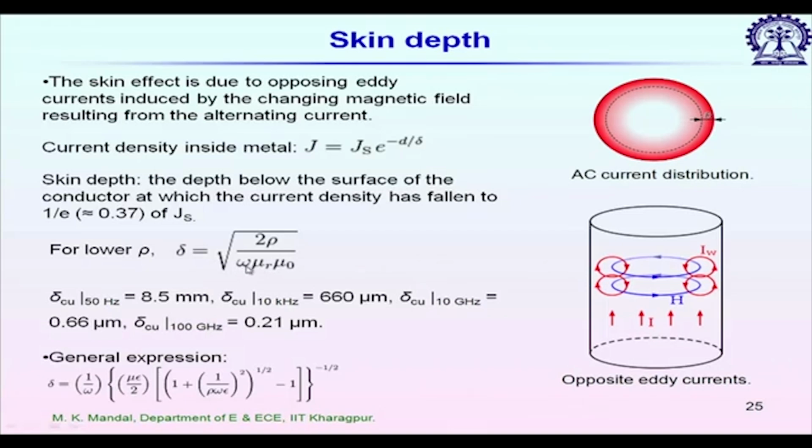If I increase frequency, skin depth will decrease. That means at millimeter wave frequencies, this current will be mostly a surface current component. It will flow through a very thin layer of metal just situated on the surface of this wire.